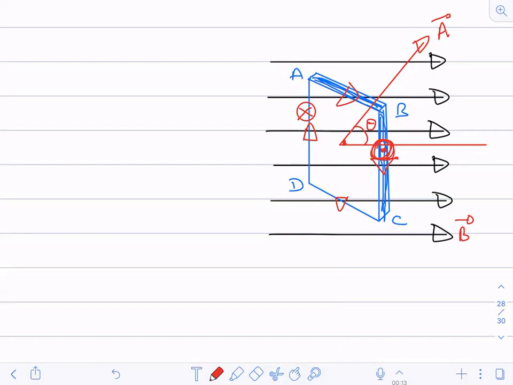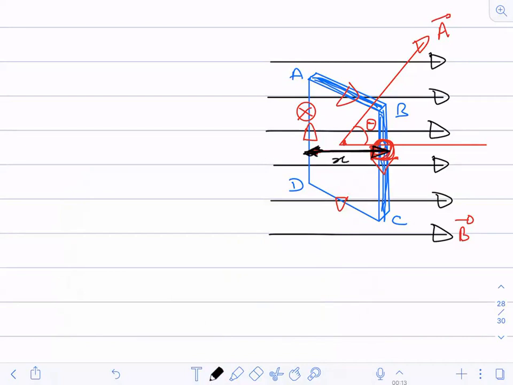So now you have to take the perpendicular distance between the forces. This line is the perpendicular distance. So this is x now.